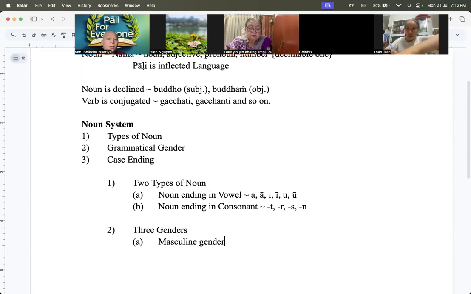In Pali also such a gender system is used. The next one is the neuter gender. And the last one is feminine gender.